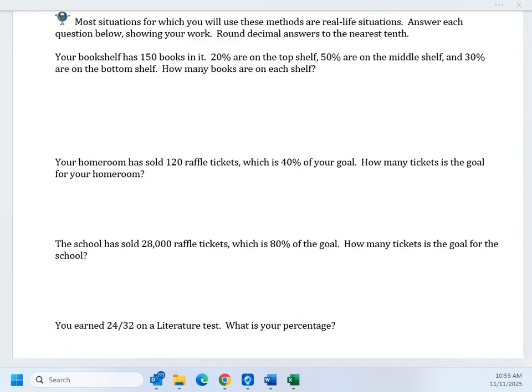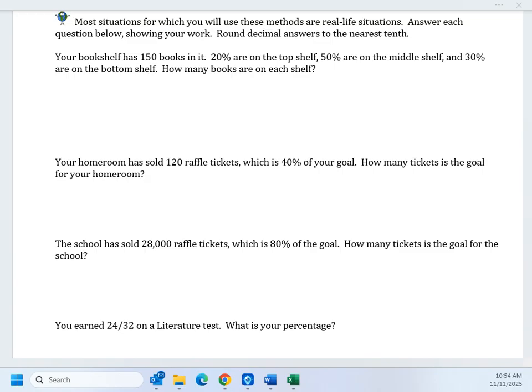A lot of times he says to the nearest hundredth, and even on his answer key he has it to the hundredth. But the directions say to the tenth, so round it to the tenth. Show your work. Are you doing proportions? Are you doing the equation? If you're doing the equation, you must write out the equation.